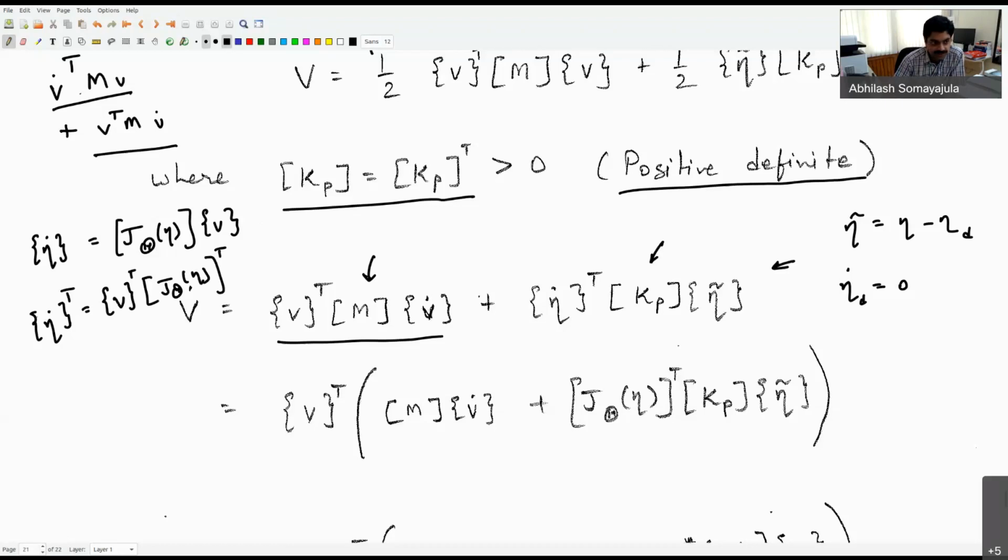I substitute that. Once I do, I take V transpose as common between both terms. So I am left with M times V dot from the first term, and J transpose times Kp times eta tilde from the second.